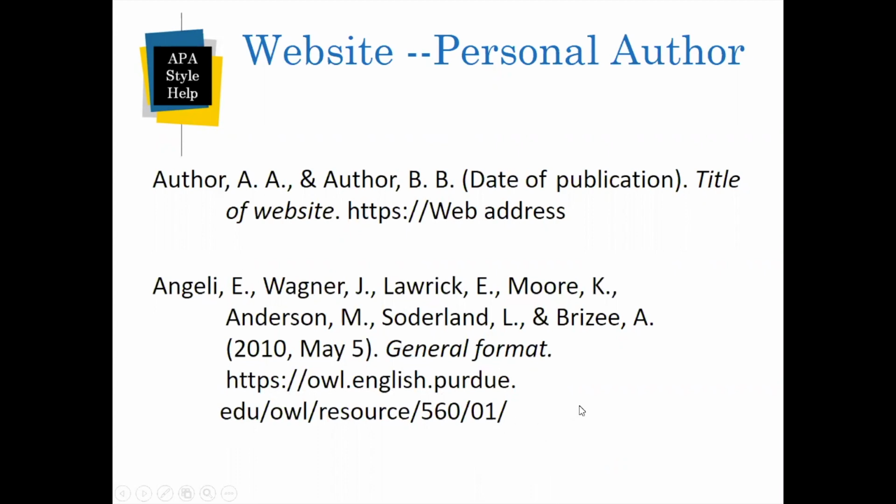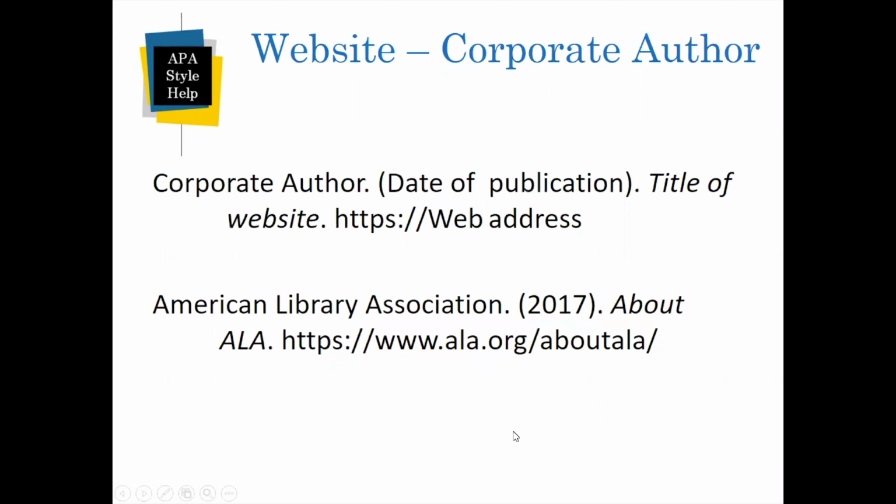Other times, you do not have an individual or a group of individuals responsible for the content of the page. What you have is known as a corporate author, meaning that there is an association or a group or a corporation that is responsible for the content of the page. In which case, instead of trying to find an individual, you just put in the name of the association, organization, or corporation.